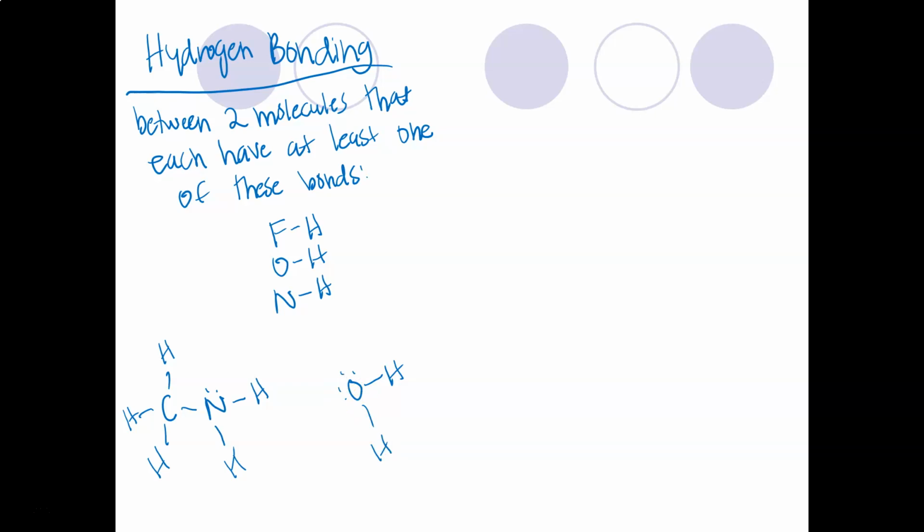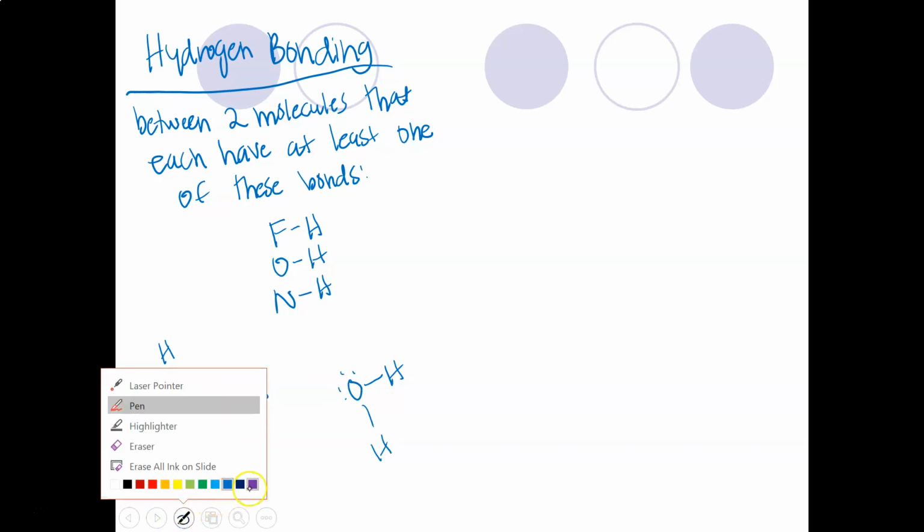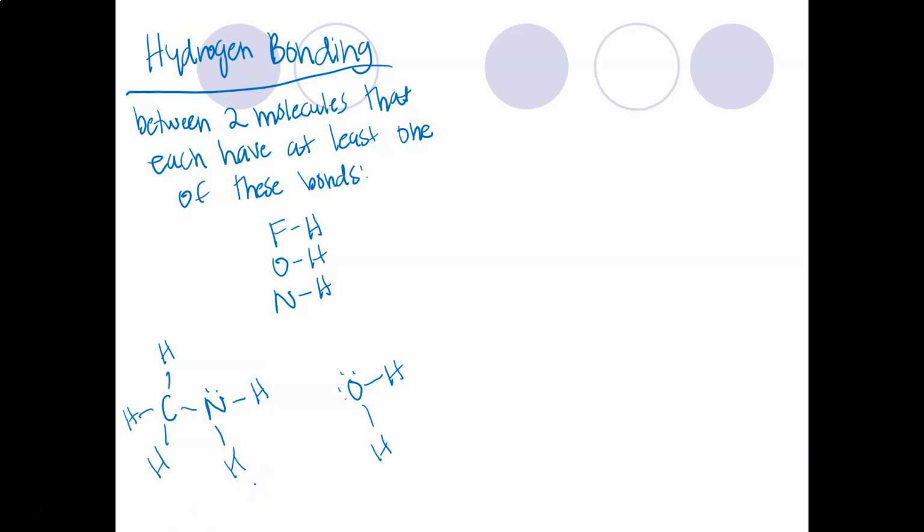And if I want to tell if they have hydrogen bonding, you look at each of them, looking for these three bonds. This molecule has an NH bond. It also has CH bonds. I don't care. But it has at least one NH bond. And then H2O has at least one OH bond. It actually has two of them. So that's going to give it hydrogen bonding.